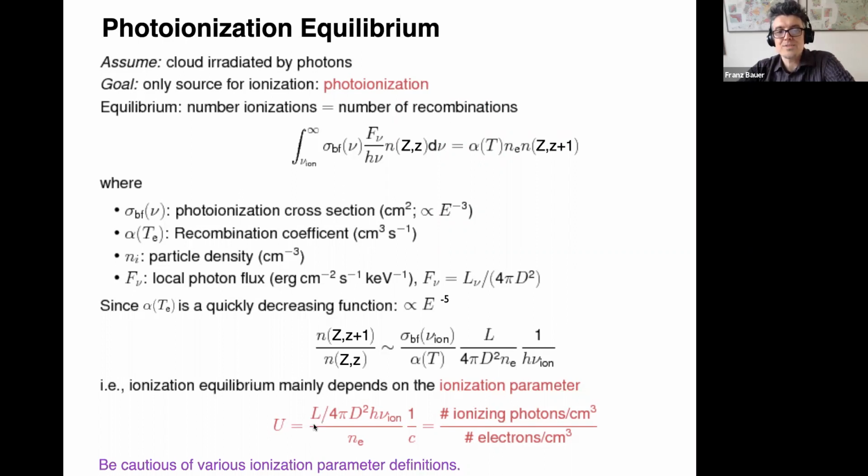Makes some sense. And so again, this is just the flux, or this is luminosity times the energy, and then this is the number of electrons. And so often you will see things quoted in terms of this ionization parameter. Any questions?